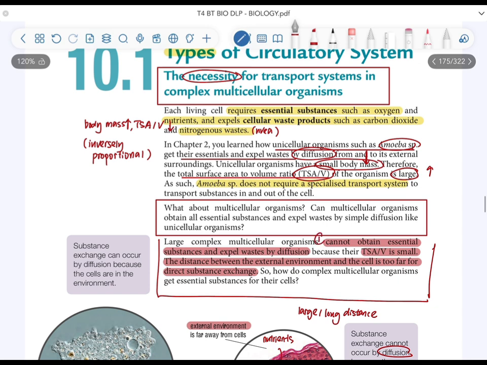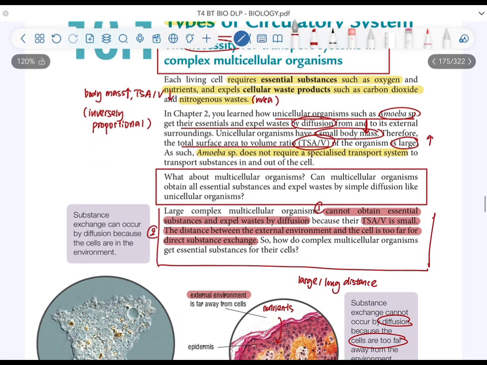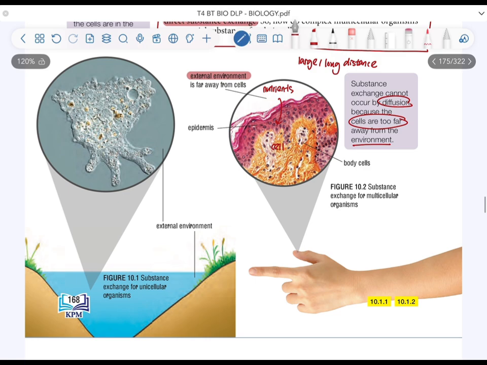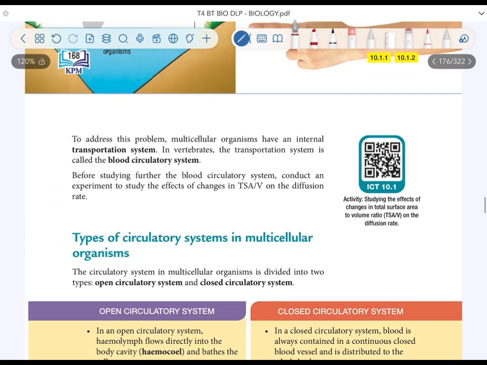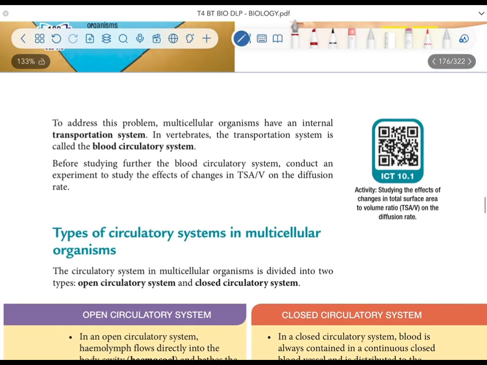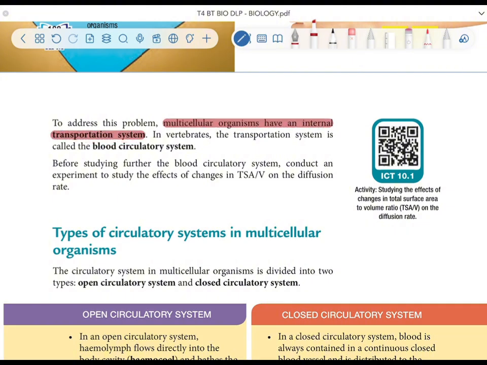So first, this is the answer, and then the second one. Okay, this is the first answer and that one is the second answer. Just like I mentioned, multicellular organisms have an internal transportation system.